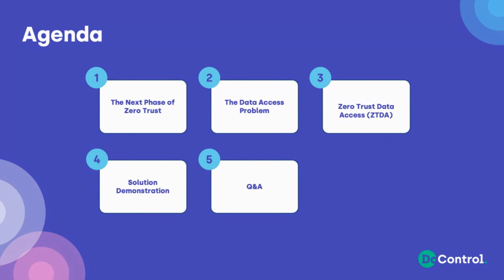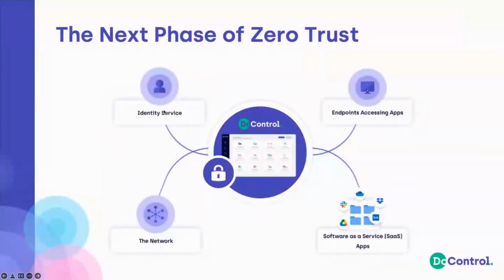The second thing is we're going to cover the current state, the data access problem that faces organizations of all sizes and types. We're going to introduce a new guiding principle that we're calling Zero Trust data access. We're going to hand things over to Lewis to do a solution demonstration and present some of the use cases that we talk about as part of the webinar. And then, of course, we'll save some time for Q&A at the end.